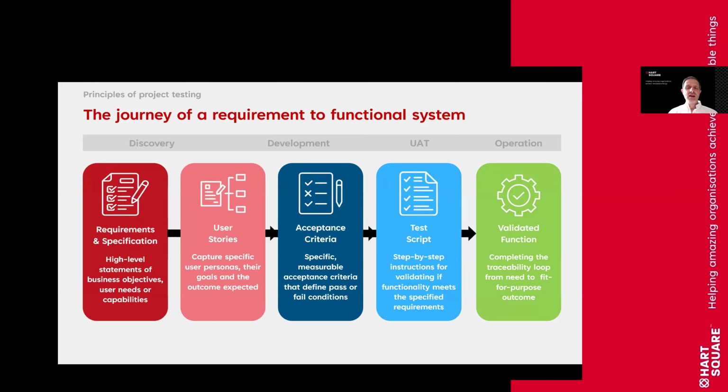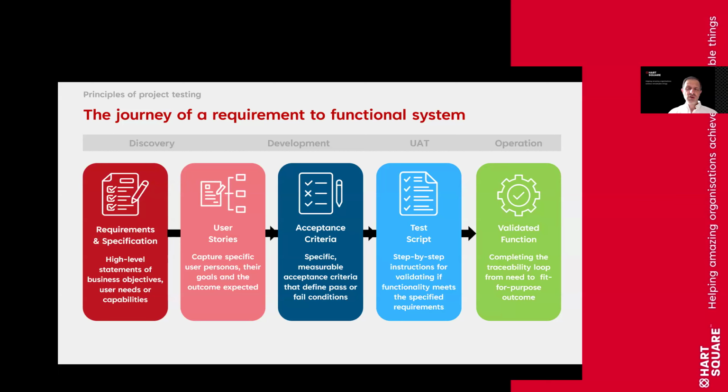And it's really a case of looking back and saying, how does this output, the solution, the thing that you're testing, meet the acceptance criteria, which are based on the user stories, which have come from the specification or the requirements that were defined at the outset of the project. So it's important to see those as an interconnected process so that you can complete that loop.